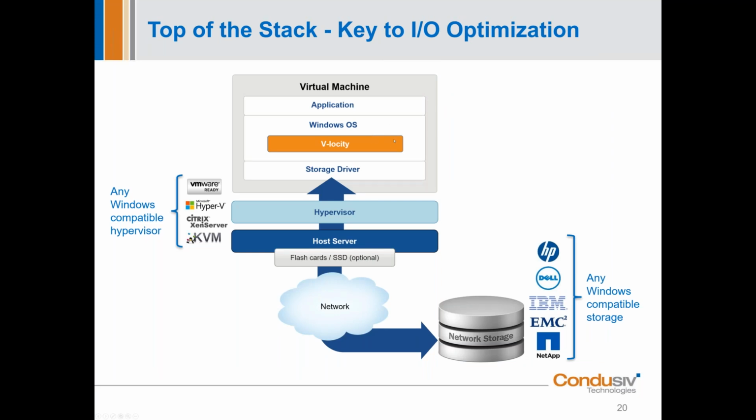And because we're doing all of our operations at this layer inside the guest Windows VM, it actually doesn't matter if your hypervisor is from VMware, as in your case, Christos, or if it's Hyper-V or Citrix Xen Server or KVM running over Red Hat, or even Oracle VirtualBox. It really doesn't matter what the hypervisor is, as long as the hypervisor and the backend storage is compatible with the Windows operating system running in the VM, which of course it will be compatible with our software.